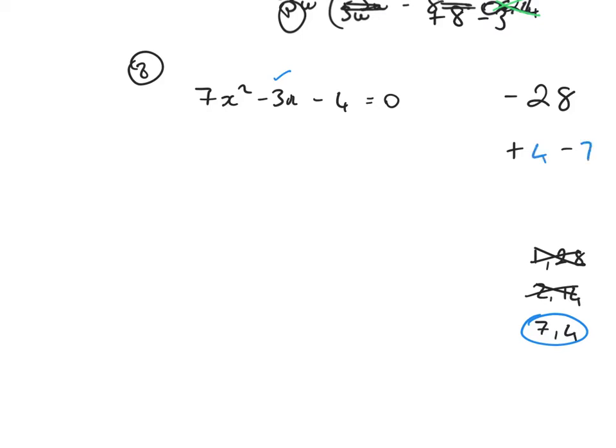Plus 4 minus 7, let's double check it. 4 times minus 7 is minus 28, and 4 minus 7 is definitely minus 3. So a bracket with a plus 4 and a bracket with a minus 7, and then drop the 7x down into the two brackets.